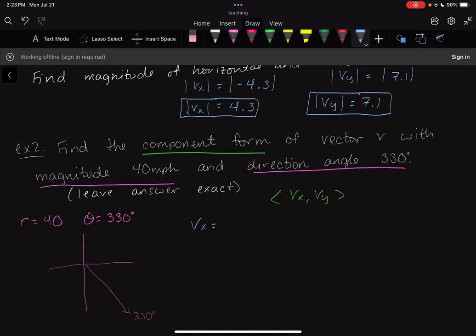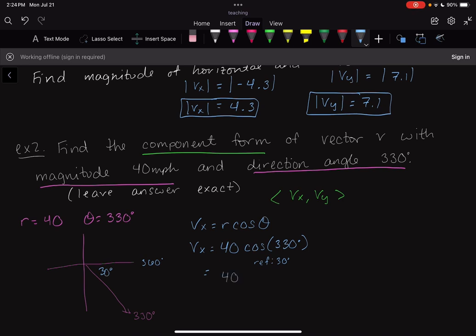So let me just find my Vx and Vy first. So I'm using the same formulas that I used before. These are also basically the same formulas that we used in 1.4. So really this section should actually feel kind of repetitive to you. All right, so cosine of 330 degrees, that has a reference of 30 degrees because that's how far it is from the x-axis.